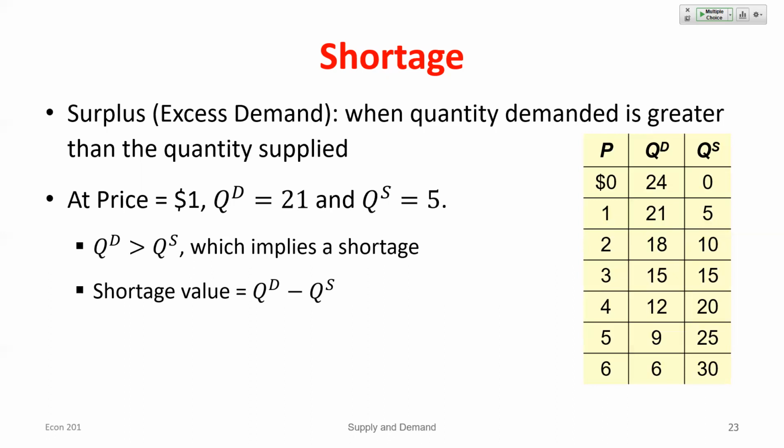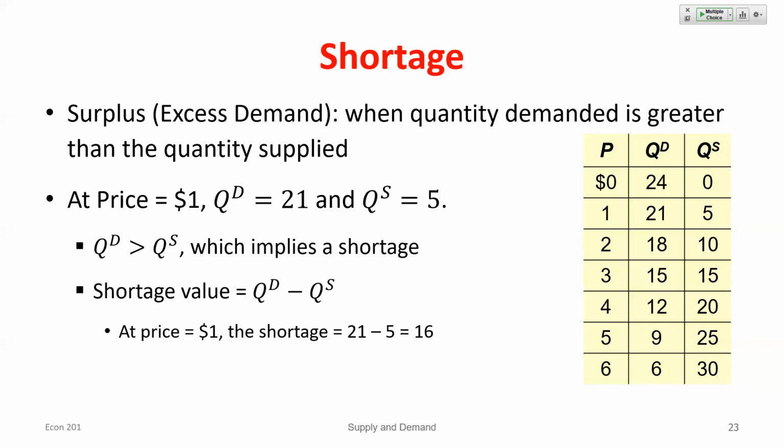If I take 5 minus 21, I get negative 16. Well, we can't have a negative shortage. That would actually imply a surplus. So these should always be positive values. If you flip these and get a negative value, just flip-flop. I should always be taking the larger value and subtracting the smaller one whenever I'm calculating surpluses and shortages.